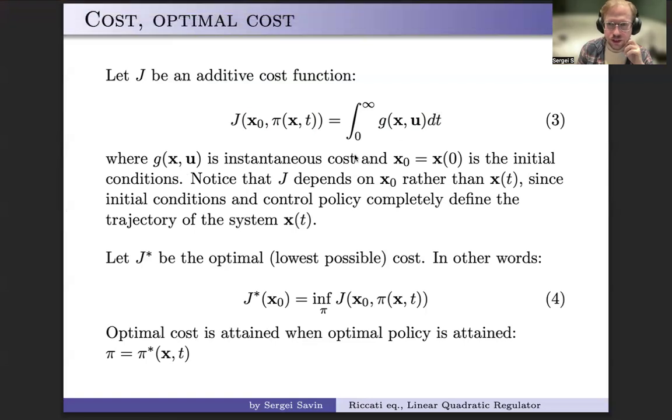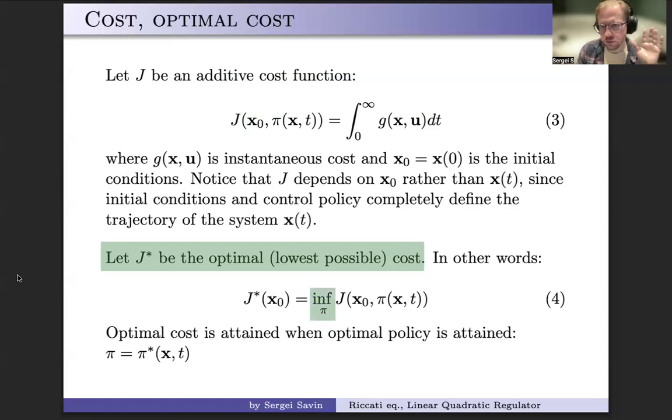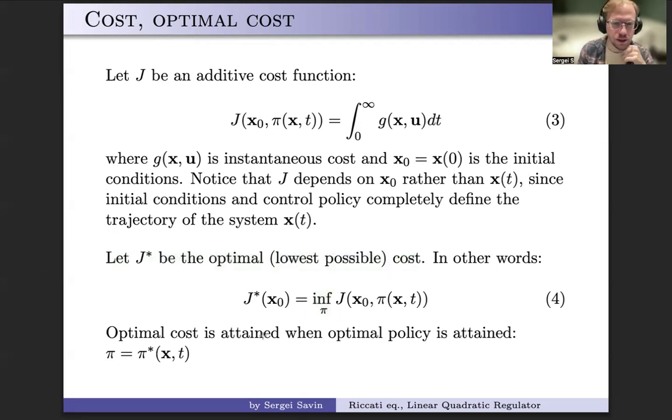Now we need to describe the optimal cost, so the lowest possible cost. We will describe it using the idea of infimum. If you're more comfortable thinking of it as a min, just think of it as a minimizer over pi. Notice we minimize over pi.